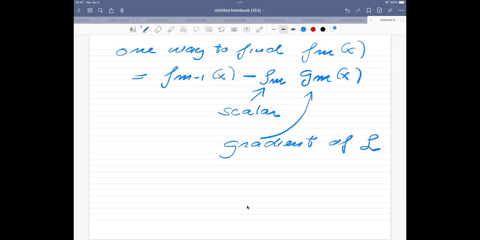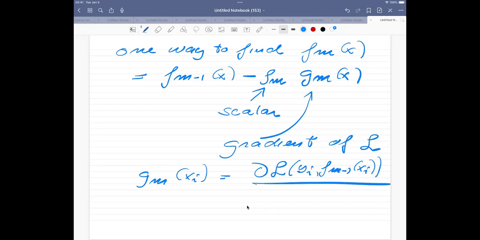of this function. So that means g of m of x of i is simply given by the gradient of this function of y of i and then f of m minus 1 of x of i. So we calculate it at the previous value, and we write it like dL over df of x of i.